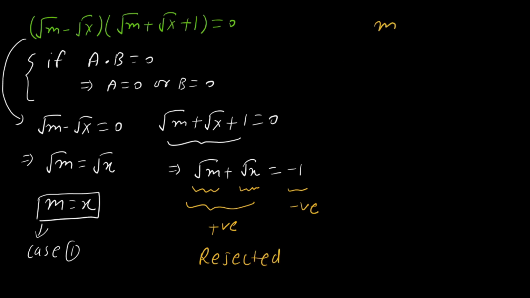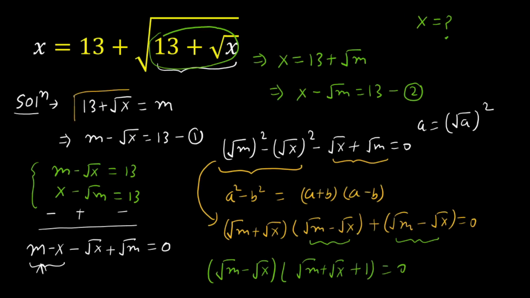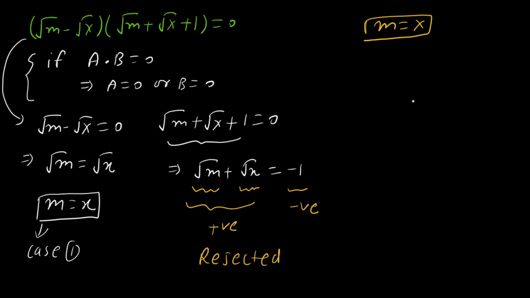Here m is equal to x, and we know that 13 plus square root of x is equal to m. So 13 plus square root of x is equal to x, since m is replaced by x because m and x are both equal.